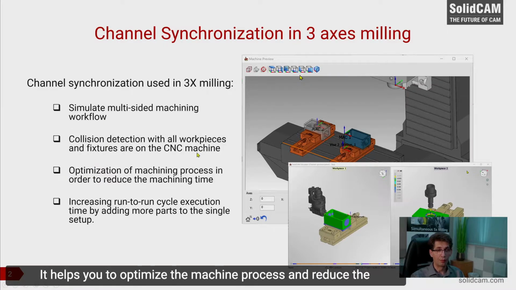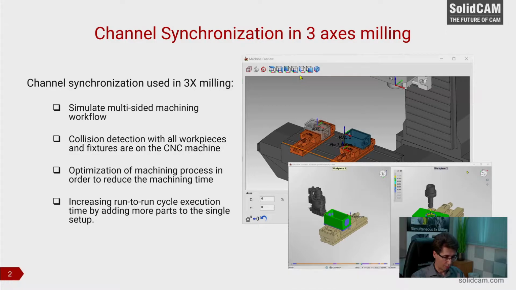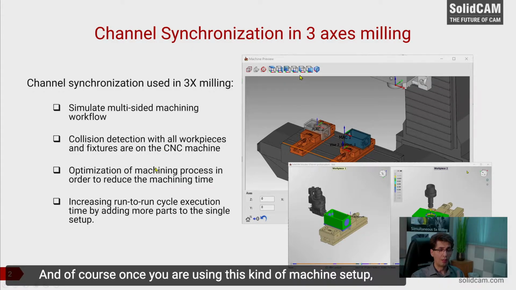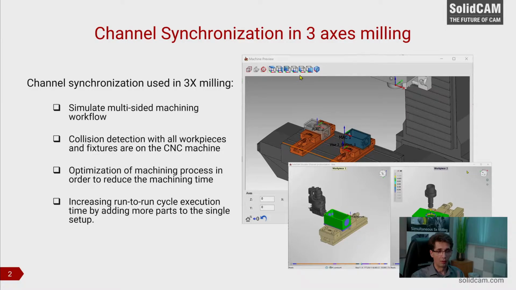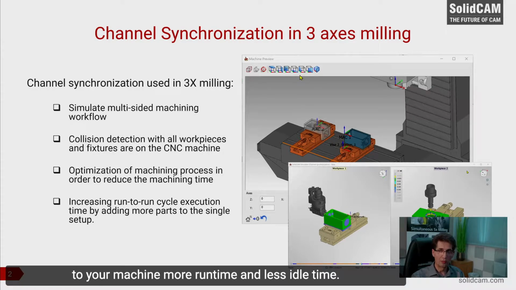It helps you optimize the machining process and reduce the machining time by skipping tool changes. And of course, once you are using this kind of machine setup, you are reducing run-to-run cycle execution time by adding more parts to the single setup. It gives your machine more runtime and less idle time.